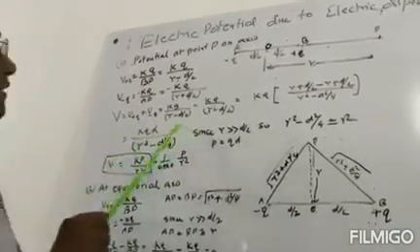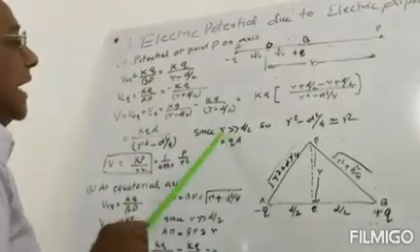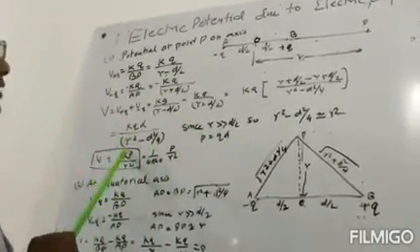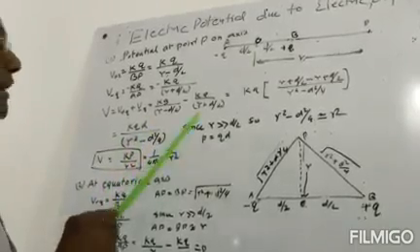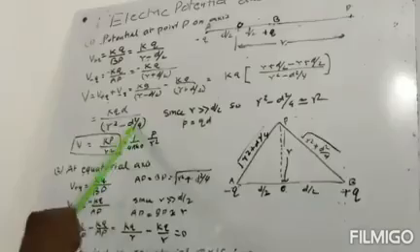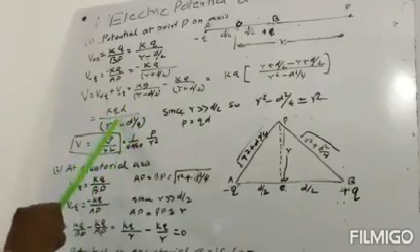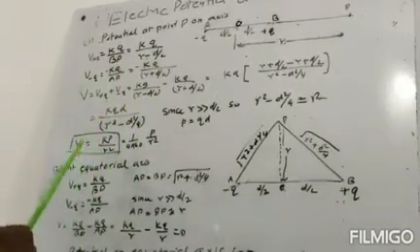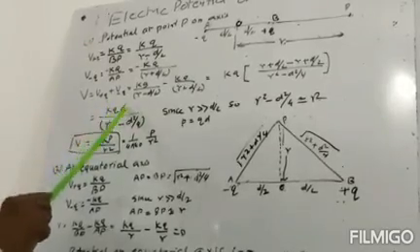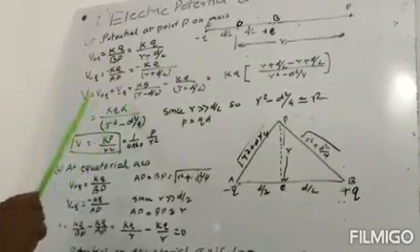Now we know that d is very much smaller than r. So in the denominator, r square minus d square by 4 can be written as r square, because d square by 4 is negligible in comparison to r square. So the potential will be equal to kqd by r square, and q into d is the dipole moment.